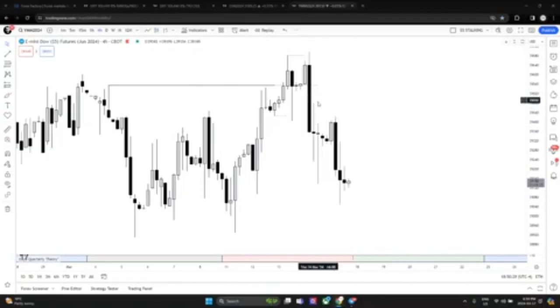Which is why, if I believe correctly, we had the NASDAQ filling its, which is what you would call a sequential SMT between a high and the gap.